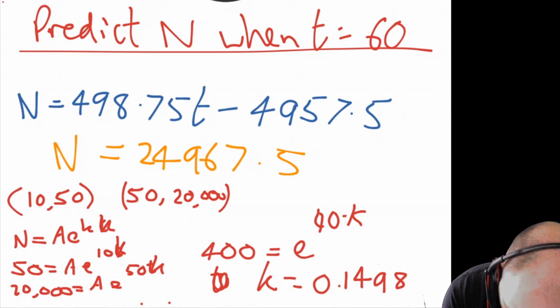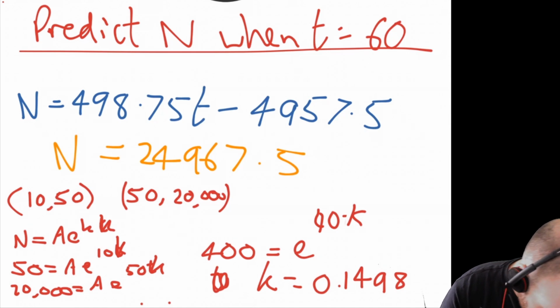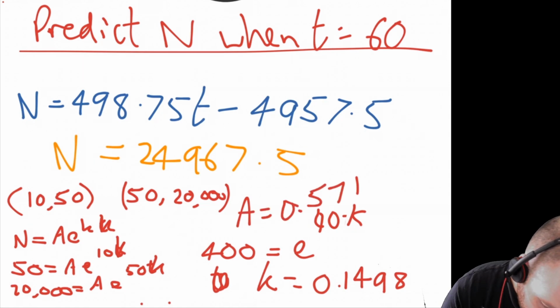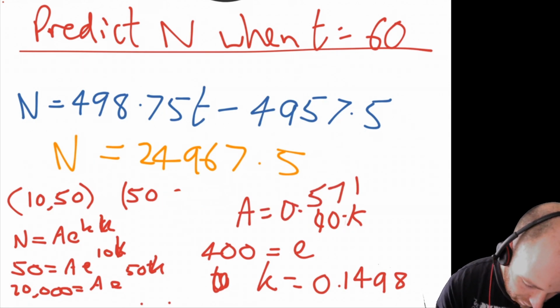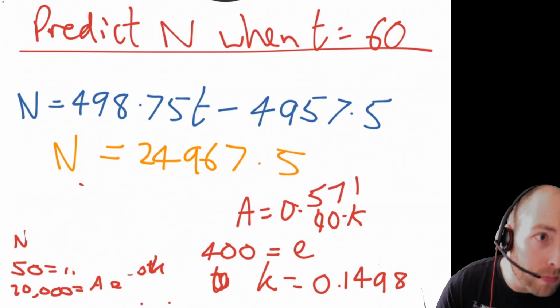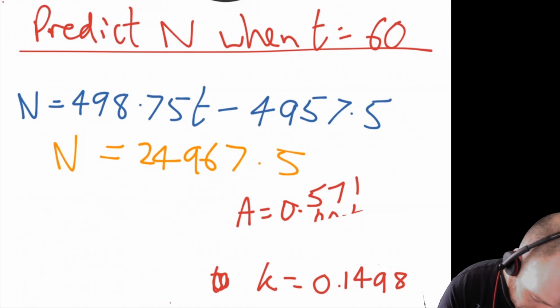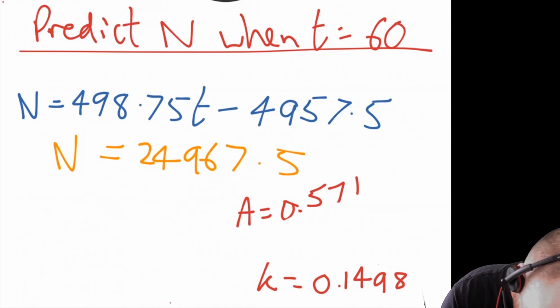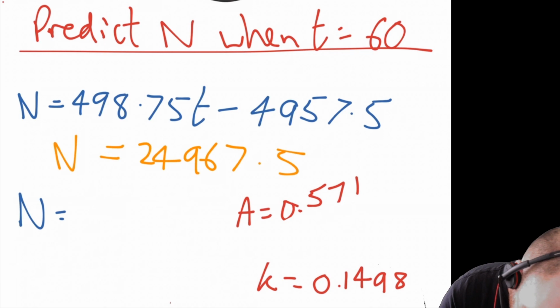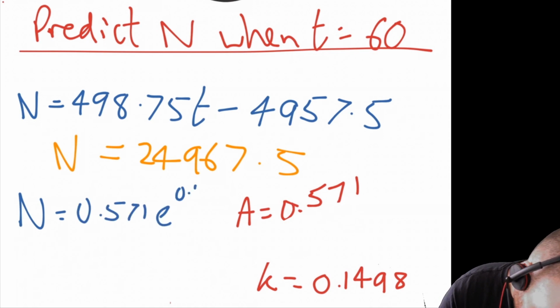Okay. 50 divided by that gives me a 0.571. Okay, I think that is different. 1 minute, just about there. So my model becomes n equals 0.571 e to the 0.1498 t.